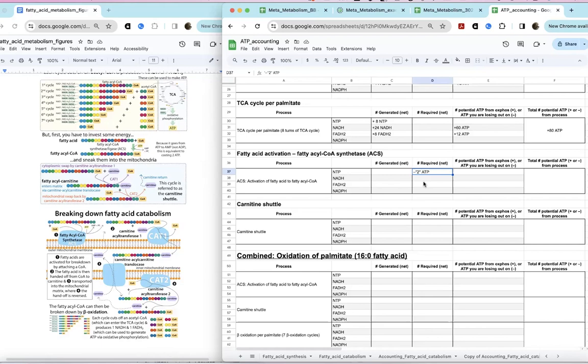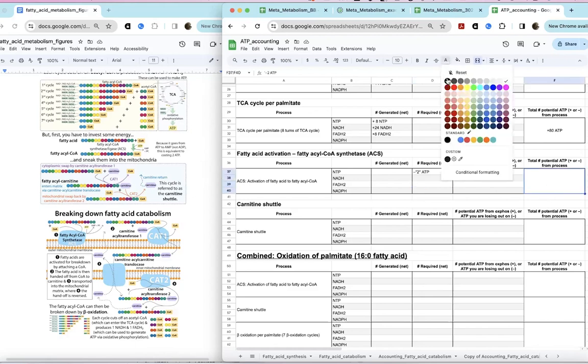If you just had ADP, you could regenerate it with just the equivalent of 1 ATP, but because it's AMP, now it's the equivalent of 2. So we'll consider this like 2 ATP equivalents. No NADH, no FADH2, none of that stuff involved here. So on net, this is going to cost us our 2 ATP.